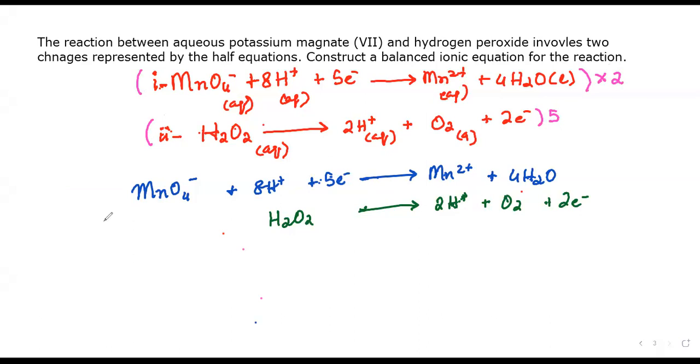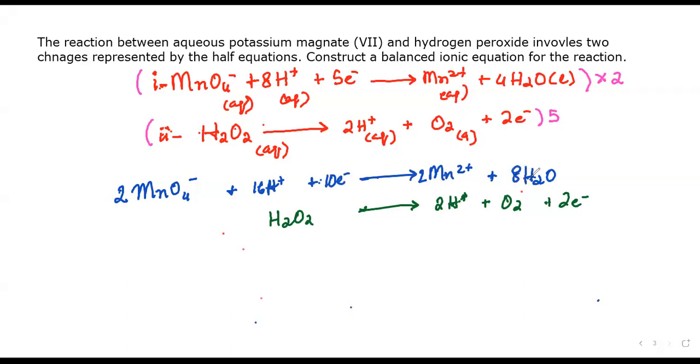So my equation at the top is going to become 2MnO4 minus plus 16H plus plus 10 electrons, and this is going to give me 2Mn2 plus, and I'm going to end up with 8H2O.